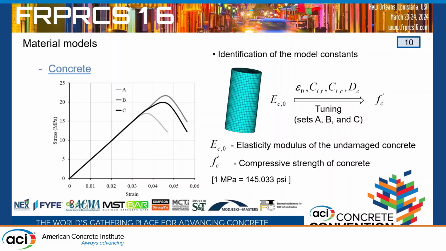You have an initial value of the elasticity modulus, and you are tuning the model constants epsilon 0, C, and D to match, for example, the compressive strength of this concrete grade. Here it is not shown, but identification should be completed not only by simulating the compression test, but also some tension test, for example, tension by flexure test.